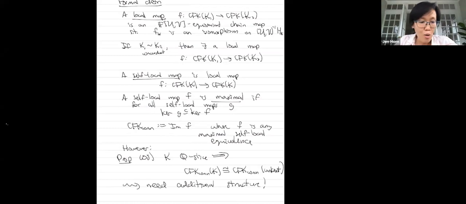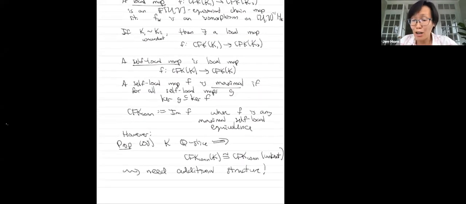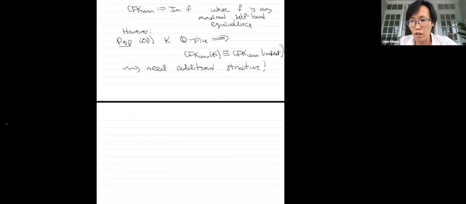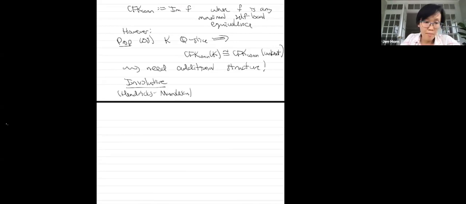Great. And well, as luck will have it, Kristen and Ciprian put extra structure on the whole Heegaard Floer package when they defined involutive Heegaard Floer homology. So this additional structure exists. This is why we need involutive. Involutive, right, so this is due to Hendricks and Manolescu.